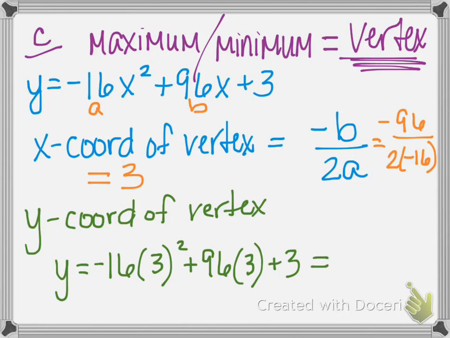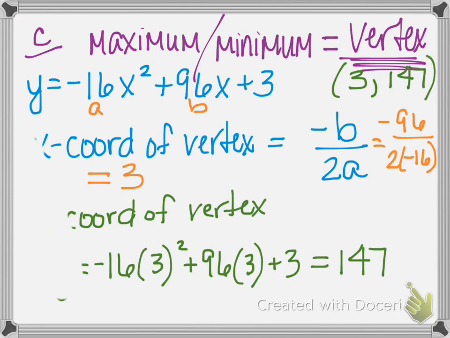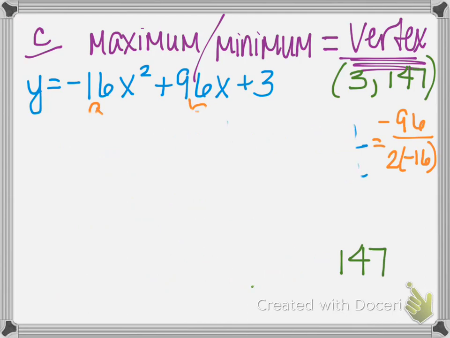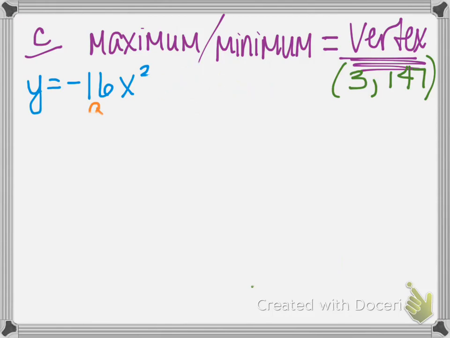When we solve that out, we get 147. So the vertex is 3, 147. Now I'm going to erase all that work. If you need to, go back or pause.